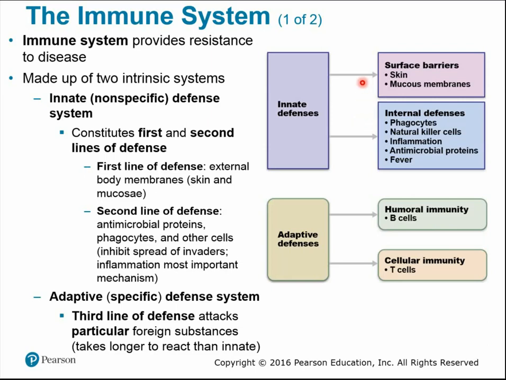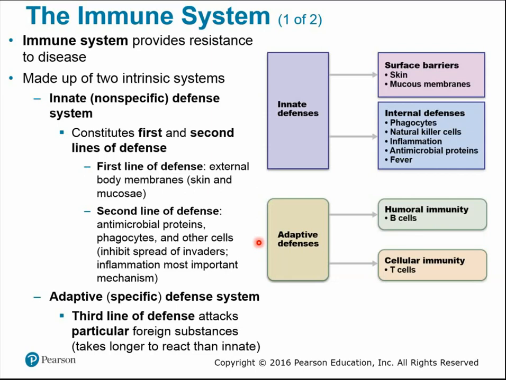If whatever pathogen makes it through the surface barriers, through that first line of defense of the skin or the mucous membranes, then we want to try to contain it and quarantine it. The second branch of the immune system is the adaptive defense system. We'll talk about the adaptive defenses in part B, but it's a specific immune response.